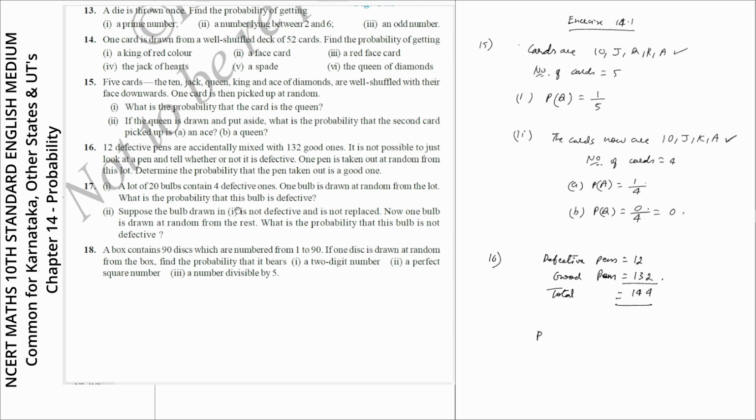Therefore, out of 144 pens, the probability of picking a good pen is equal to number of good pens divided by total number of pens. You can skip this sentence and directly write the numbers, 132 by 144.